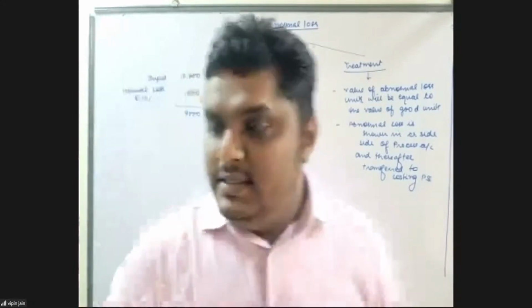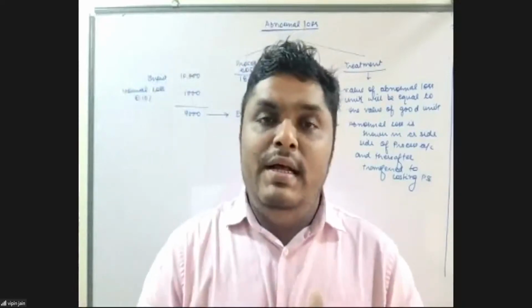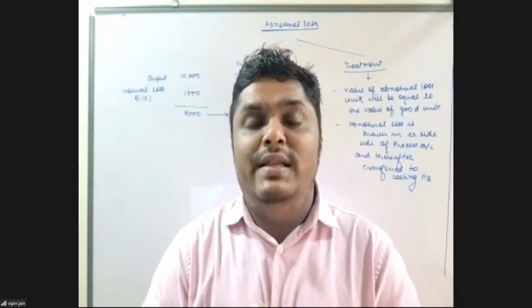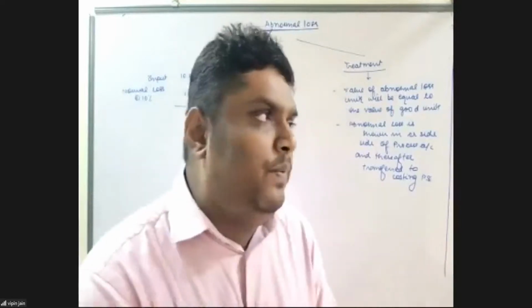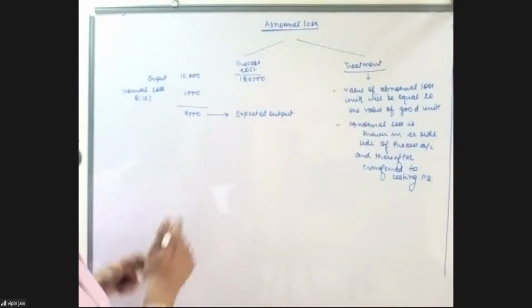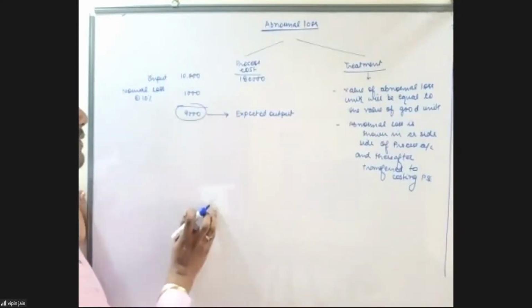I repeat again, guys. 10,000 is my input. I have predicted well in advance that there is a normal loss of 10% of input. So therefore, I have predicted that my output will be 9,000 units.